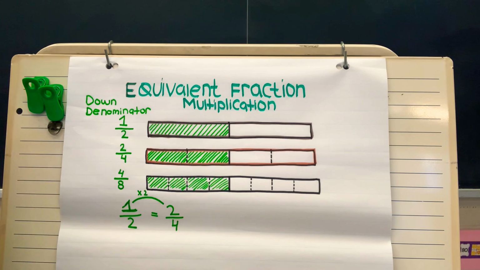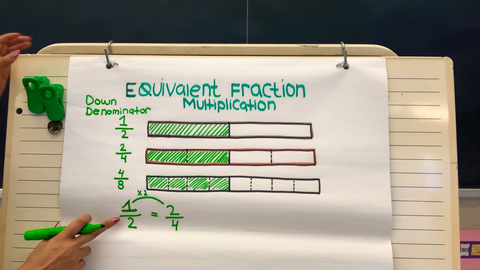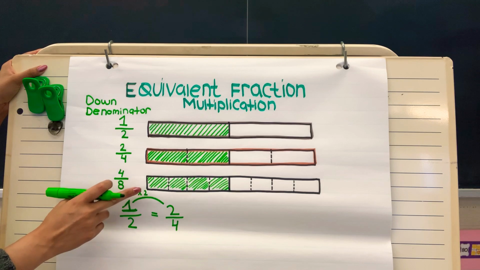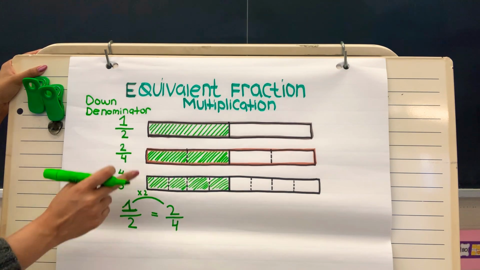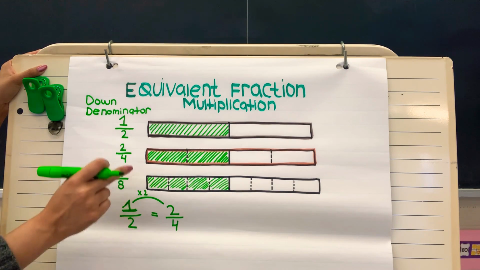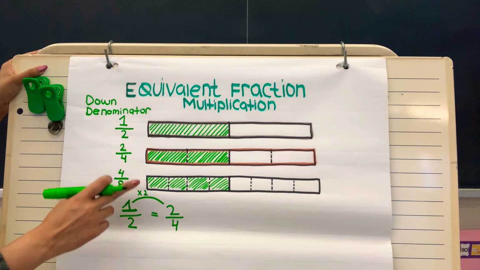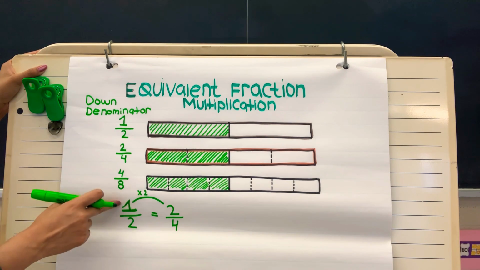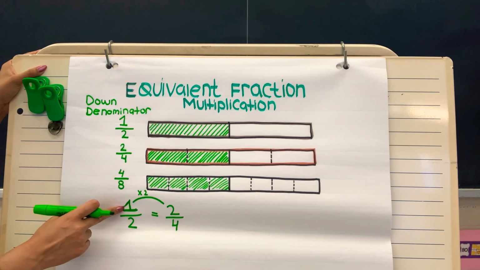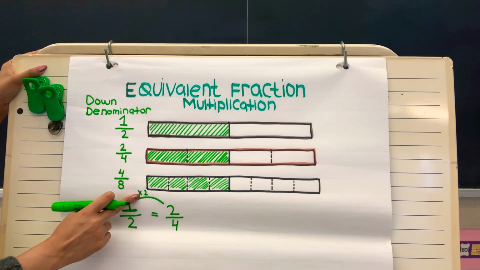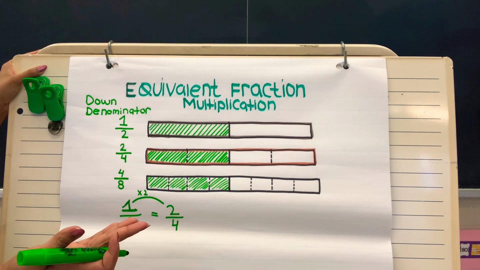Now here's the thing we really need to remember. When we are finding equivalent fractions, or usually when we're working with fractions, whatever we do to the numerator, we have to do to the denominator. So if I multiplied my numerator, which is 1, by 2, guess what?